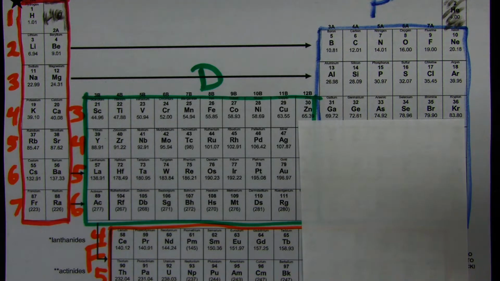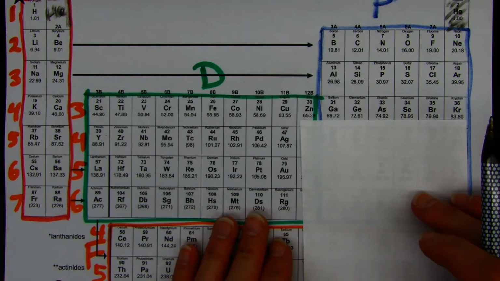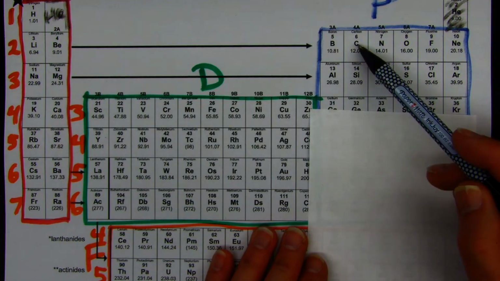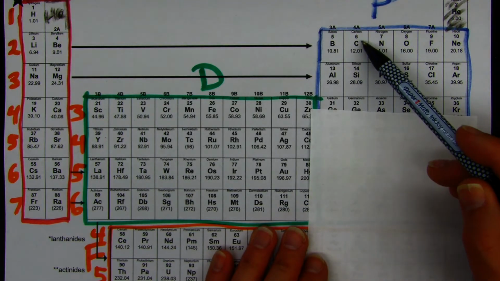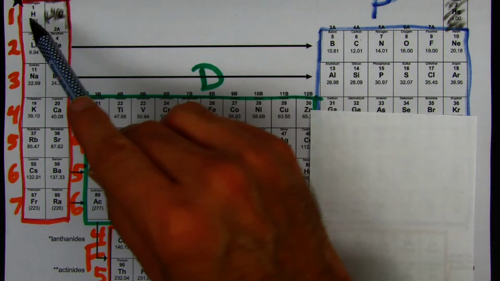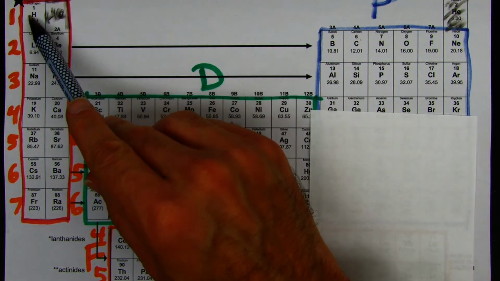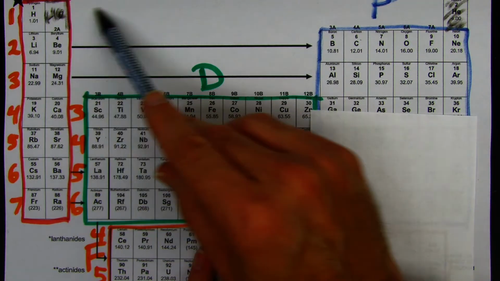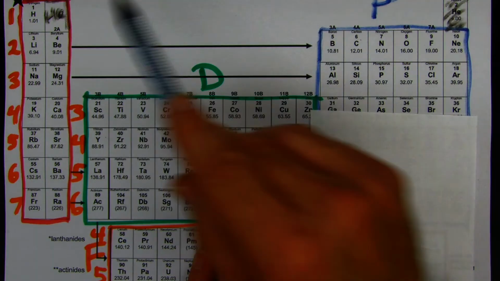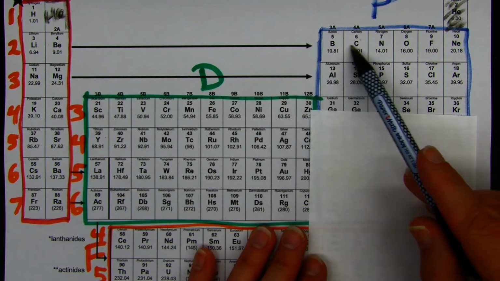So let's do a quick example. Let's do carbon, a simple one here. So carbon is here. Carbon's number 6. Okay, so 6 electrons. So all I'm going to do is start at hydrogen and go through each row until I get to carbon.